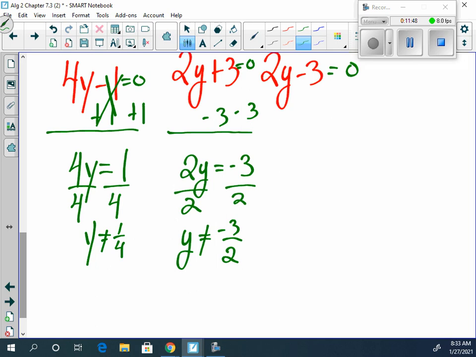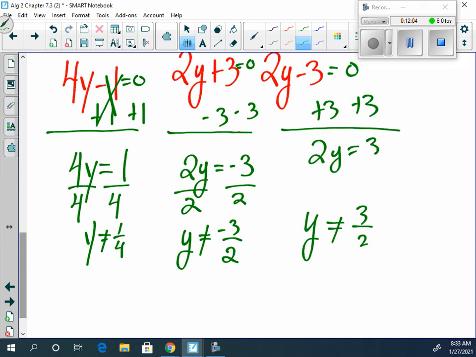Questions on these here? Does anybody have a guess at what the last one's going to be? So we're saying y cannot equal 3/2. So let's see. So here I would add 3 to both sides, which tell me 2y is equal to 3. And if I divide by 2, I get y equals 3/2.